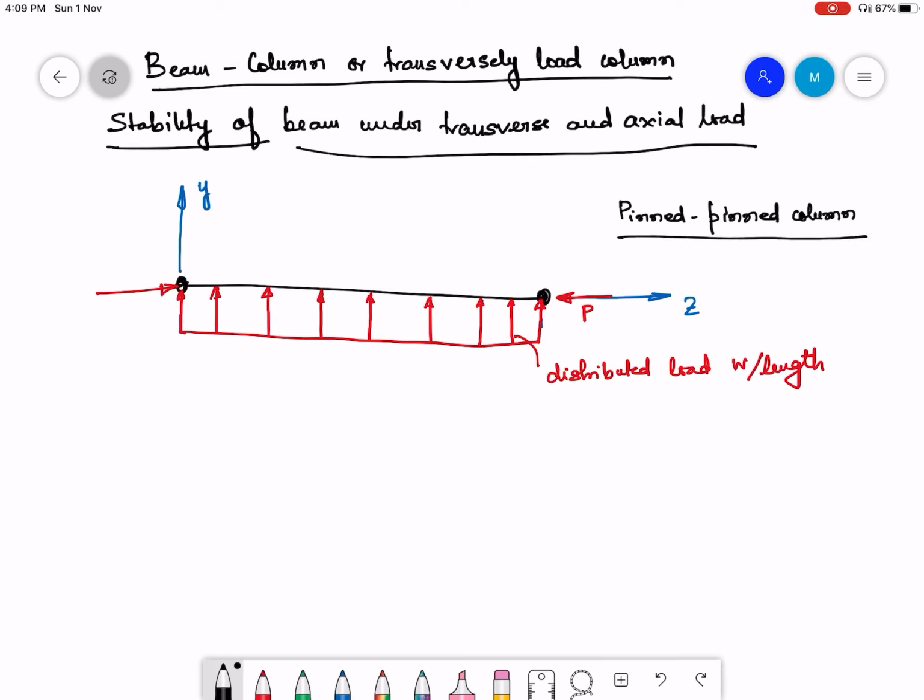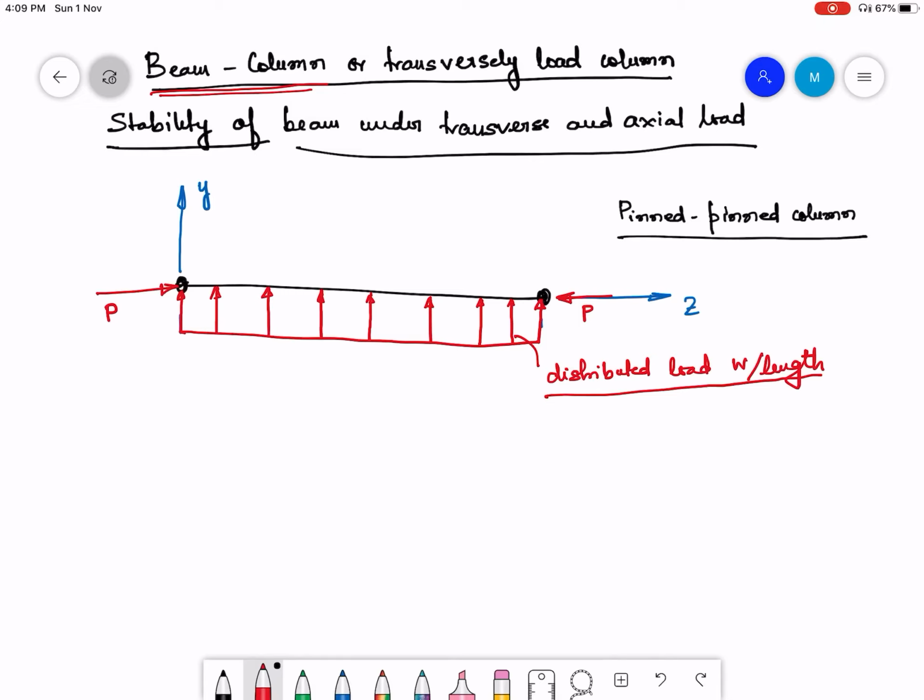Here, the pin-pin column has both a distributed transverse load of magnitude W per length, and an axial compressive load P. This kind of configuration is usually referred to as a beam column, because it is a combined buckling and transverse deformation problem.